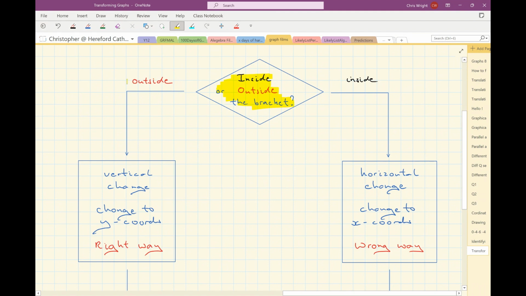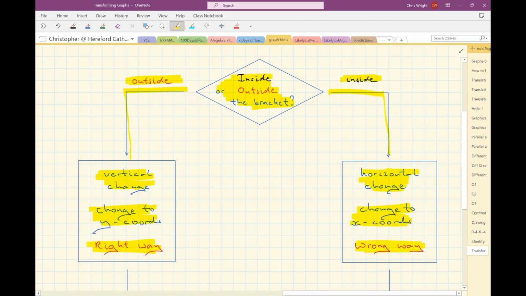If it's outside the bracket, then it's going to be a vertical change, a change to the y coordinates, and we're going to make the change the right way. Is the change inside the bracket? If so, we're looking at a horizontal change, a change to the x coordinates, and we're going to change those coordinates in the wrong way, in the way we wouldn't expect.